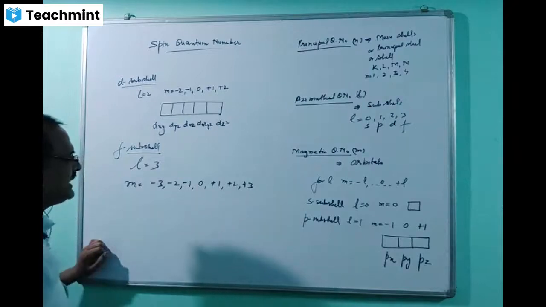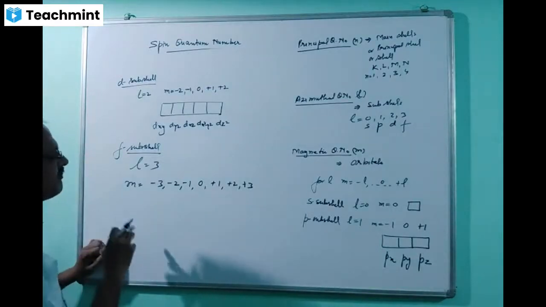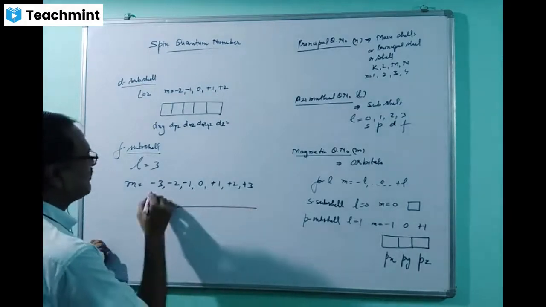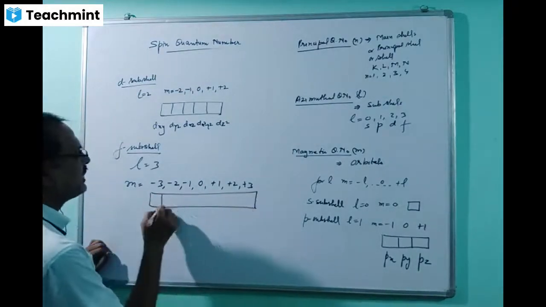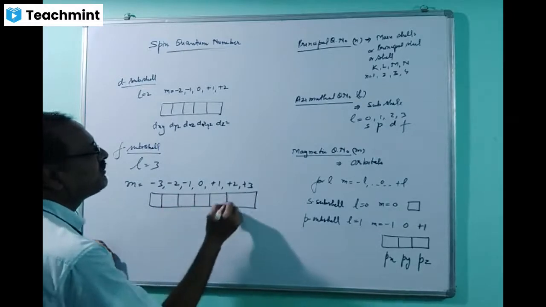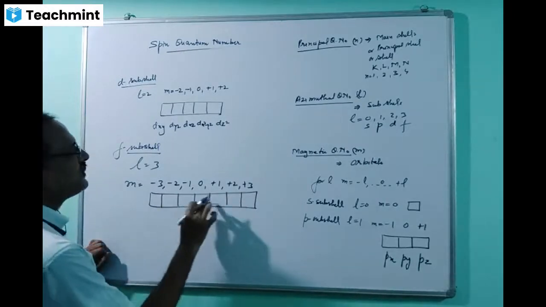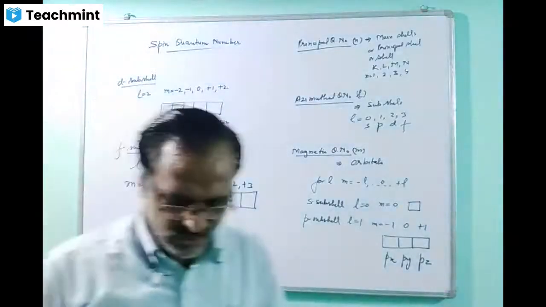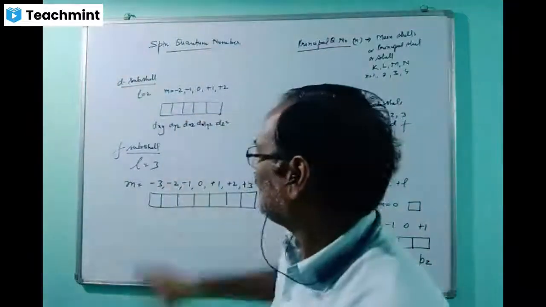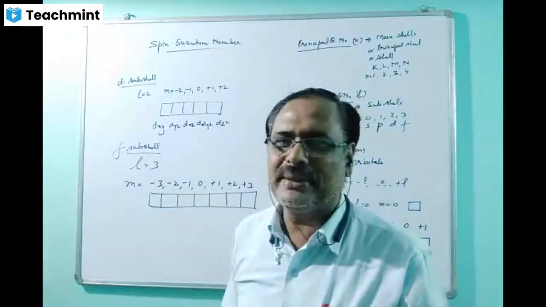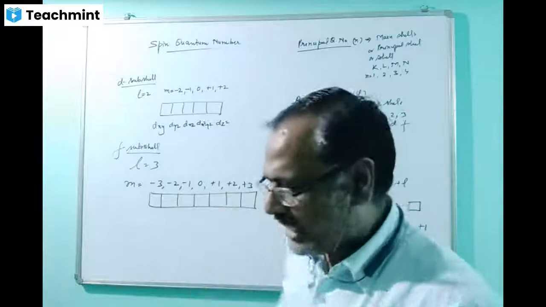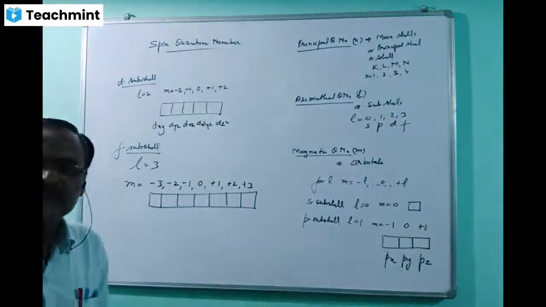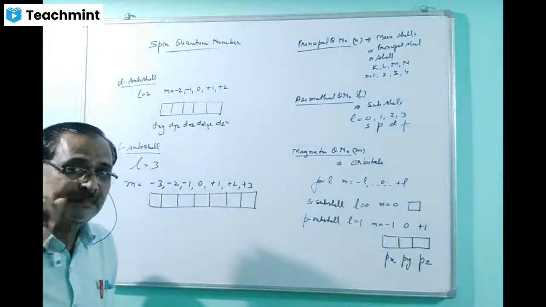How many values of M do you get here? 7. Then 7 orbitals will be there. 1, 2, 3, 4, 5, 6, 7. If I ask how many orbitals are in the F subcell, what is your answer? 7. Yes, correct. Please keep in mind.